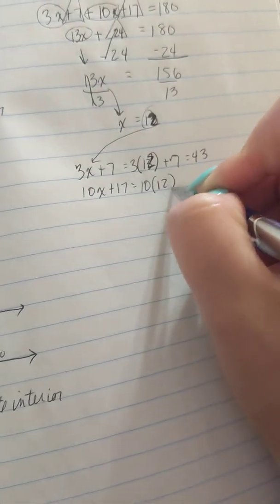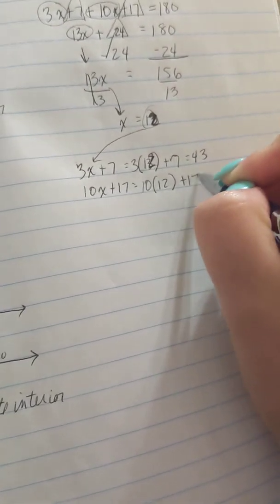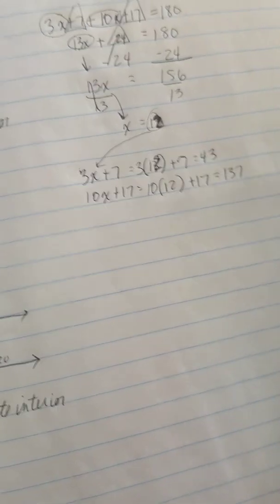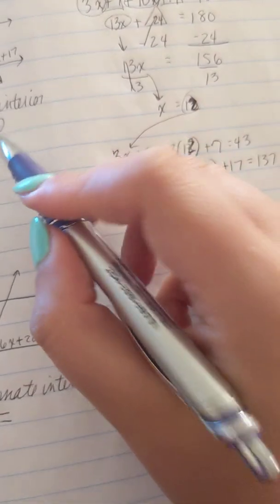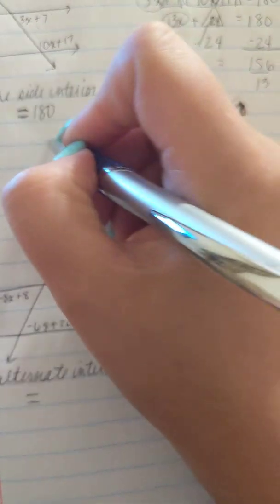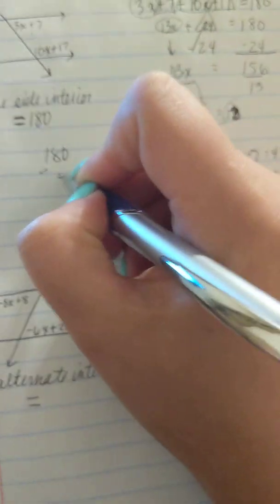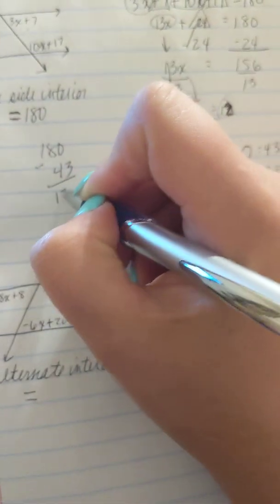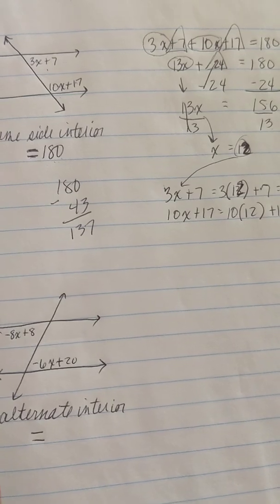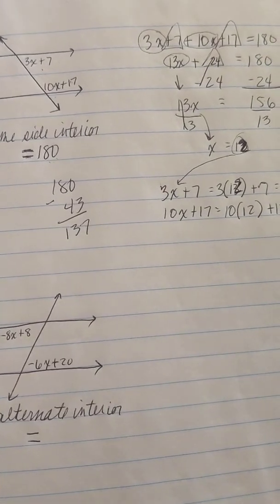So 10 times 12 plus 17 equals 137. Or I could have said, you know what? I know adding these together is going to be 180. So I could have done 180 minus 43 equals 137 to figure out what that angle is right there. So that's two different ways you could have done. Use whichever works better for you.